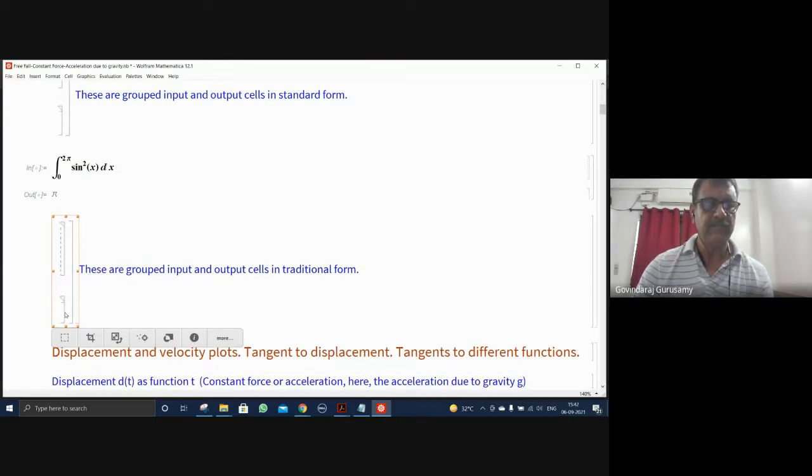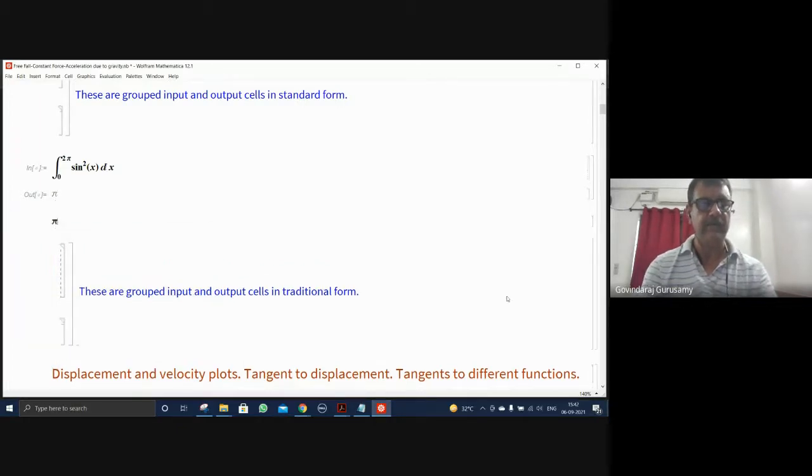Output in traditional form is also a possibility, but maybe you have to declare it, which I have not verified. Probably you may be getting it also. I think the output is also in a traditional form. This pi is not a regular standard form. You can see that the pi what you have is different from the pi what you are getting as an output. Okay, this is an output of that. So these are grouped input and output cells in a traditional form.